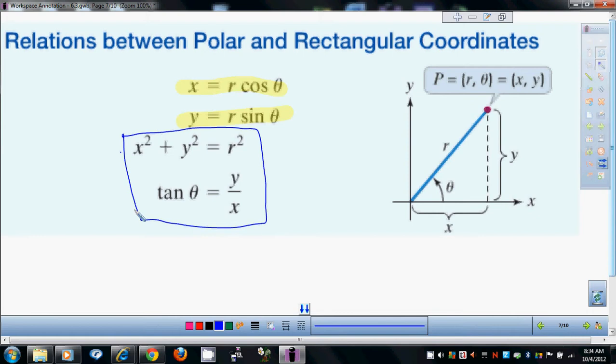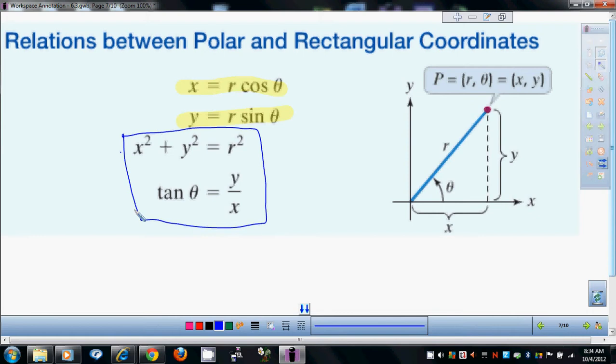I'm not criticizing. Then write those down, and that's how you take from rectangular to polar. You just plug x and y into those two formulas and solve. Of course, they should have just said tan inverse of y over x, and that would have been easy. Because that's essentially what you're going to have to do every single time.